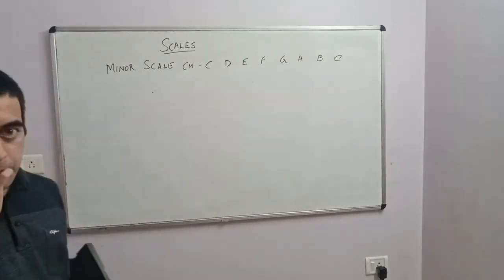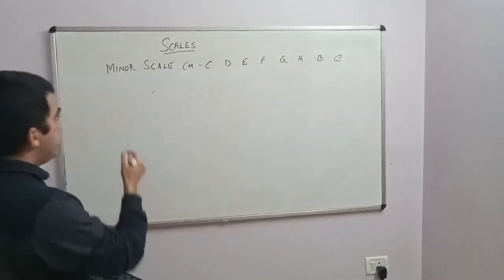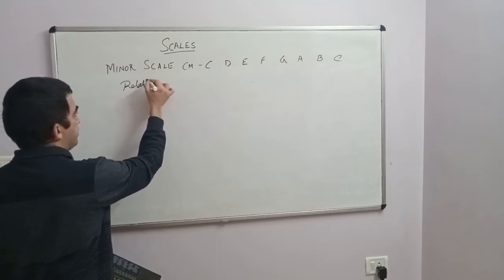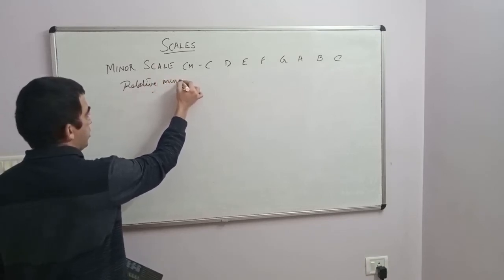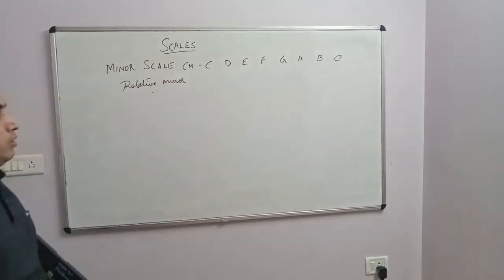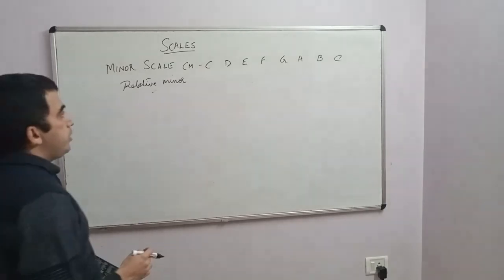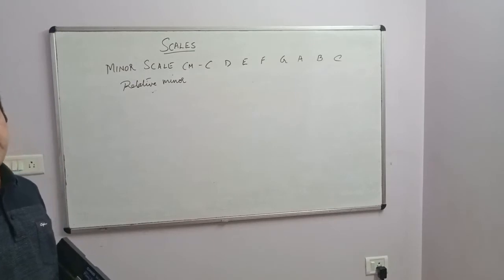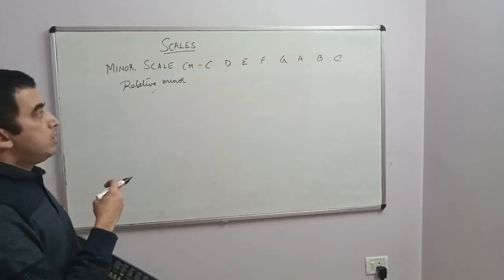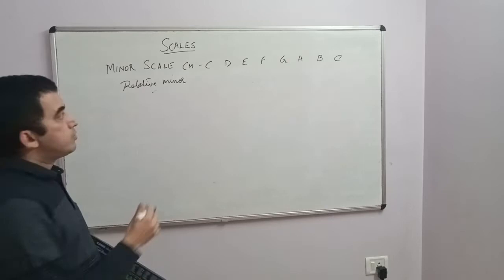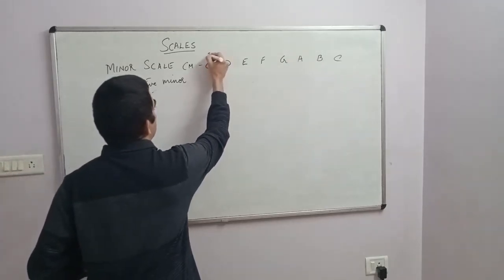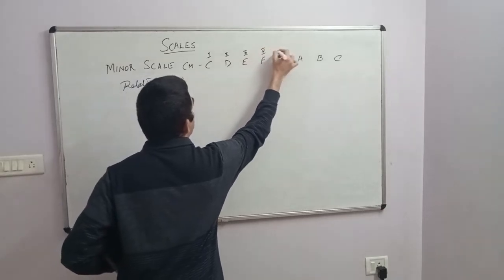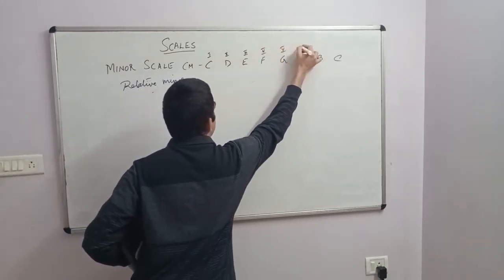Alright. So to derive the relative minor, what we need to do is start the same scale from the sixth note of the scale. So if we count 1, 2, 3, 4, 5 and 6.